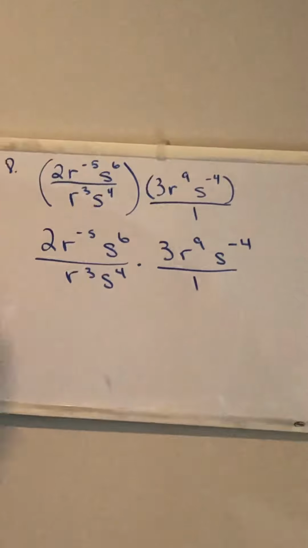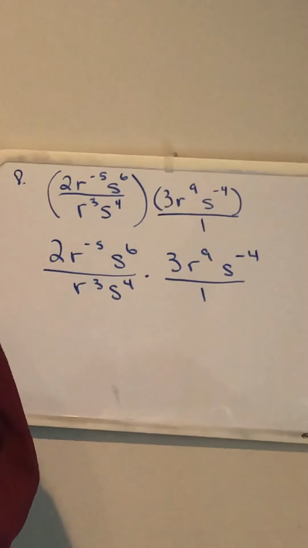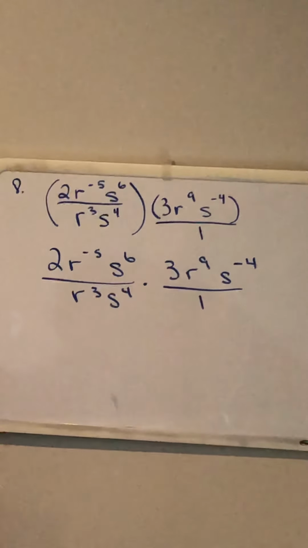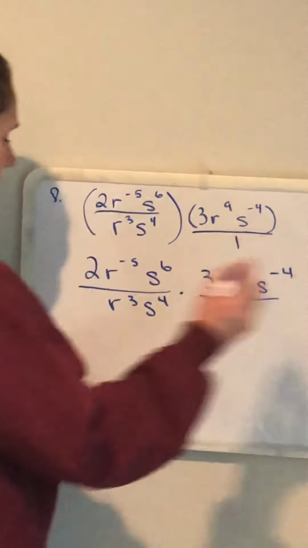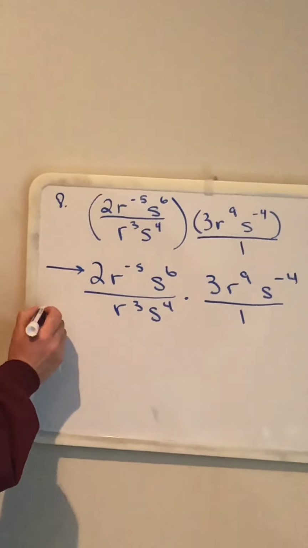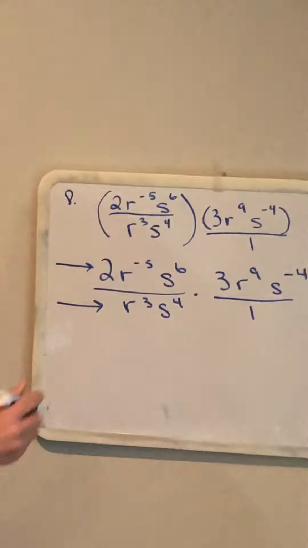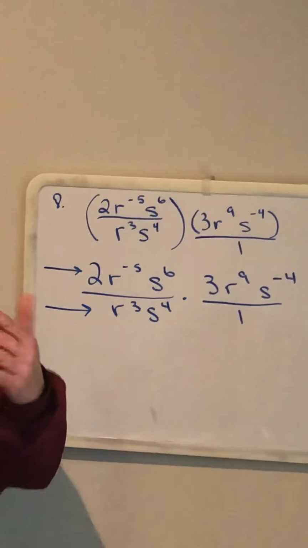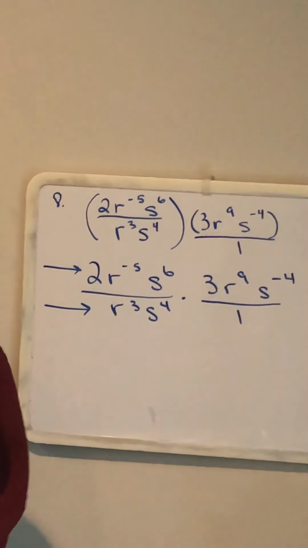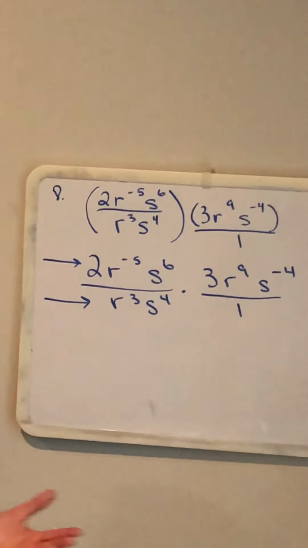This is just plain old multiplying fractions. To multiply fractions, all you have to do is multiply across the numerator, multiply across the denominator. Now, multiplying across the numerator means the coefficients, 2 and 3, they get multiplied like normal.